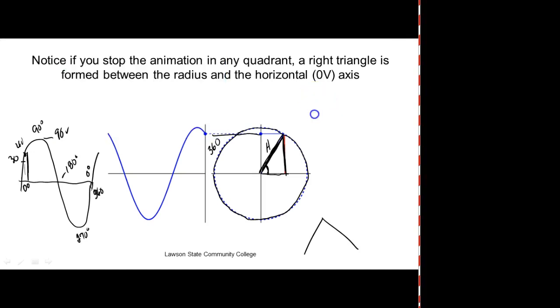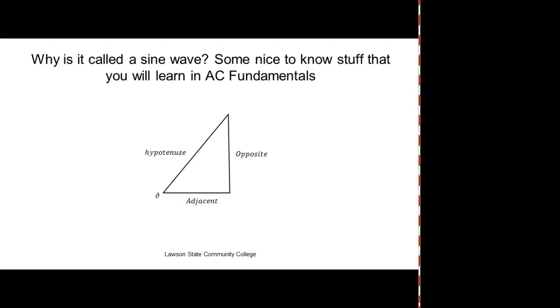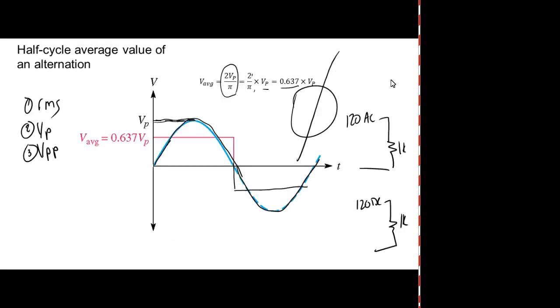It's called a sine wave. It's actually two words. I write it as one, but most people get that. And this is what this explains right here. This is something we don't need to know, but that's what you learn in AC. All we're doing is seeing why it's called a sine wave.